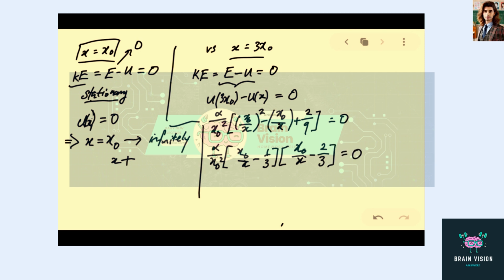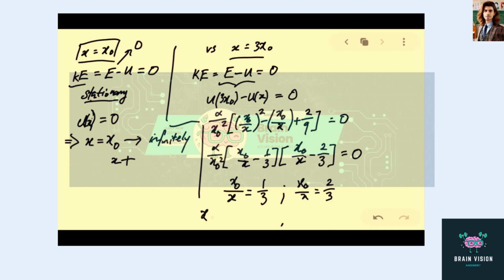This factorized, and so this tells us that x naught over x can be equal to 1/3, or x naught over x equals 2/3. There are two different points where our kinetic energy would be 0.